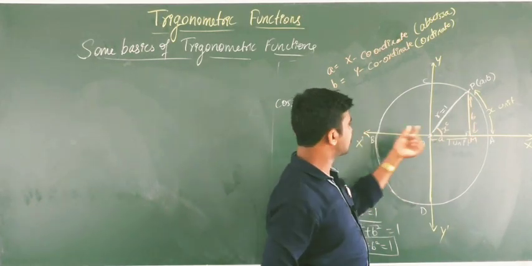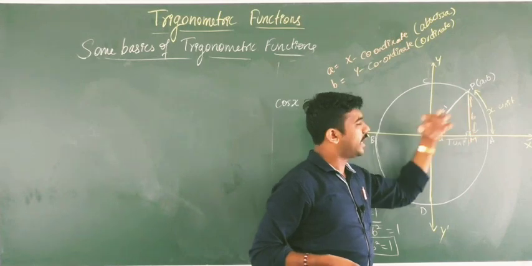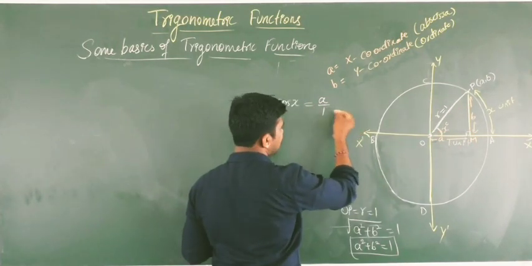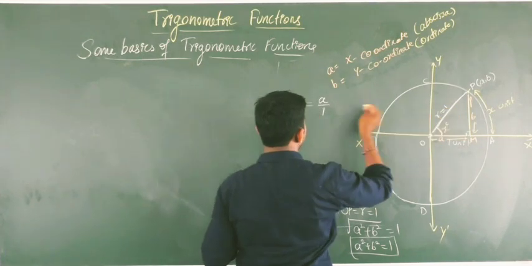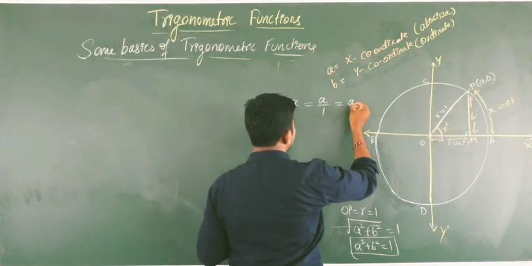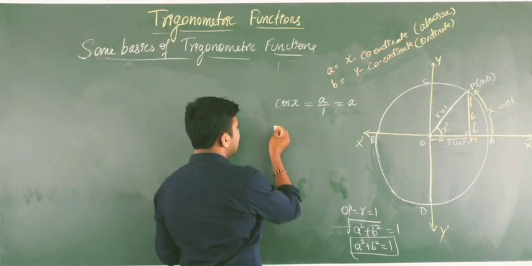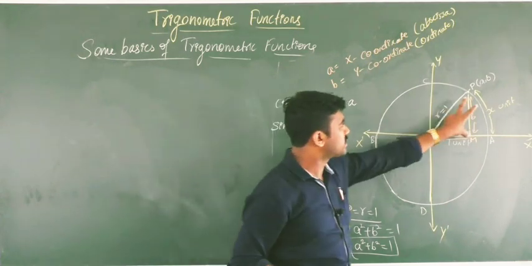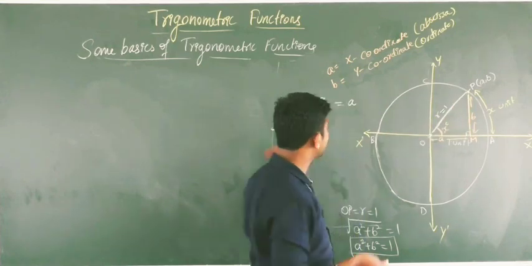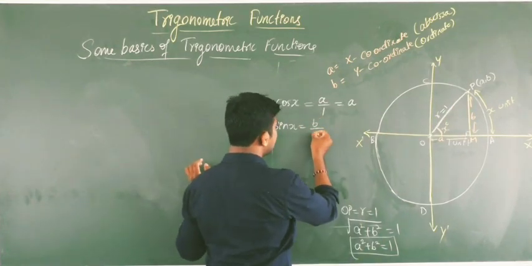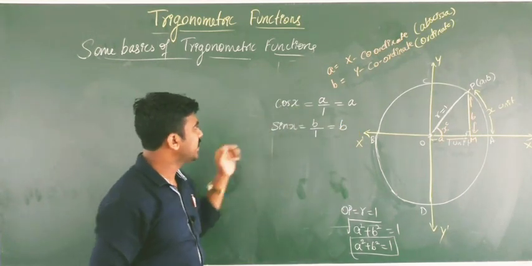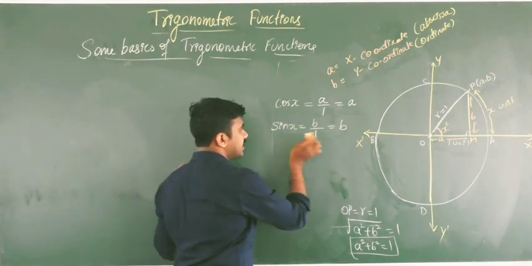So cos x is nothing but adjacent by hypotenuse, so a by 1, because the hypotenuse has length 1 unit, so a by 1 is a. Similarly here sin x is nothing but opposite by hypotenuse, the length is b divided by hypotenuse 1, b by 1 is nothing but b.